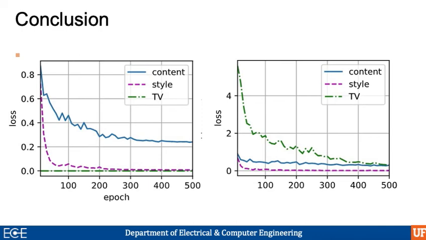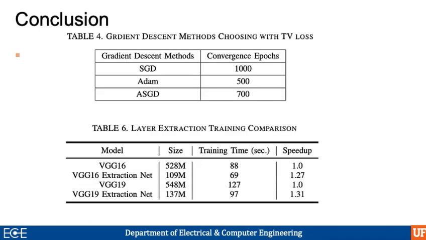With the Adam optimizer, you can see it converges very quickly within 100 epochs. Tested with different gradient descent methods, it seems that Adam shows the best case with only 500 epochs to converge.